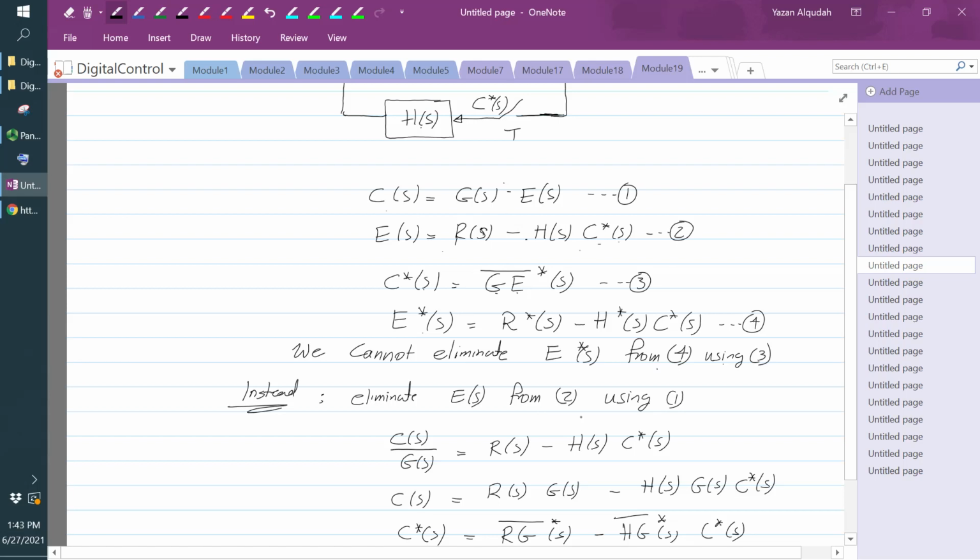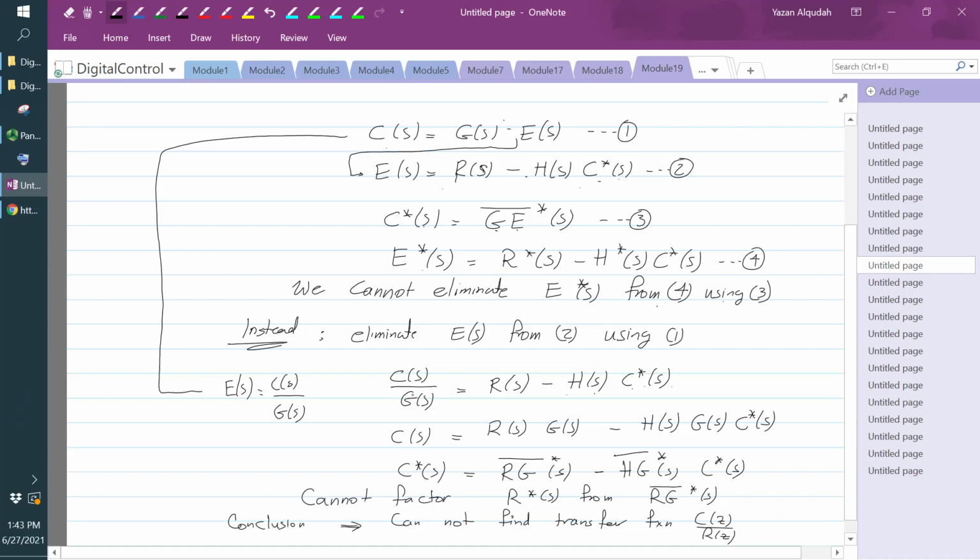So if I look at equation 1, C of S over G of S is going to equal E of S. From equation 1, E of S is equal to C of S divided by G of S. Now this is equal to R of S minus H of S multiplied by C star of S. This is equation 2. So what we've done is we just expressed E of S in terms of C over G and substituted for E of S in the second equation here.